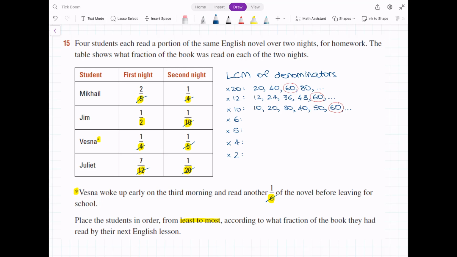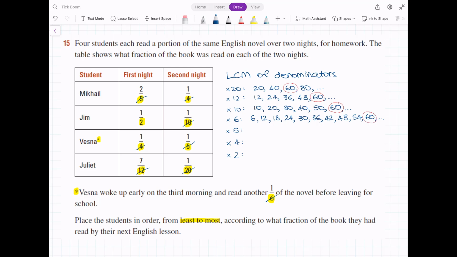For 6, we would go 6, 12, 18, 24, 30, 36, 42, 48, 54, and 60, and then we can stop there because we have our lowest common multiple.